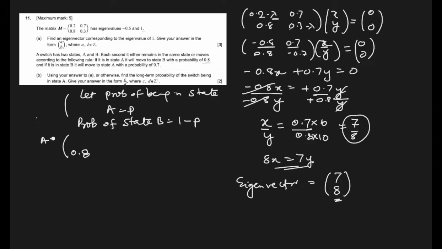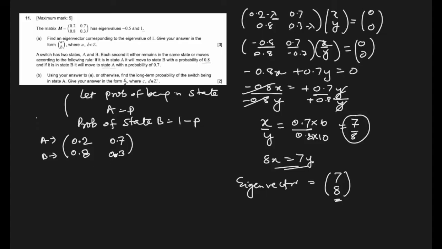If this is state A, this is state B, that means the probability that it will stay in state A will be 0.2. Again, if it is in state B, the probability of it going to state A is 0.7. So that means staying in state B will be 0.3.